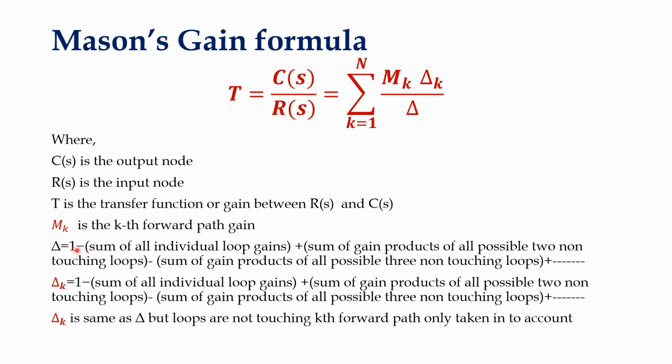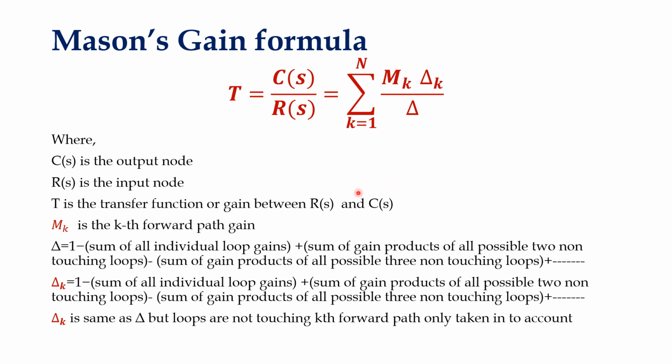Delta is equal to 1 minus the sum of all individual loop gains plus the sum of the gain products of all possible two non-touching loops minus the sum of gain products of all possible three non-touching loops plus the sum of gain products of all possible four non-touching loops and so on.